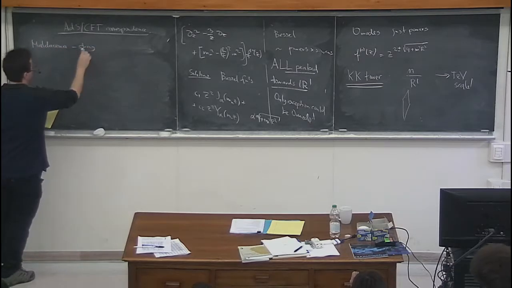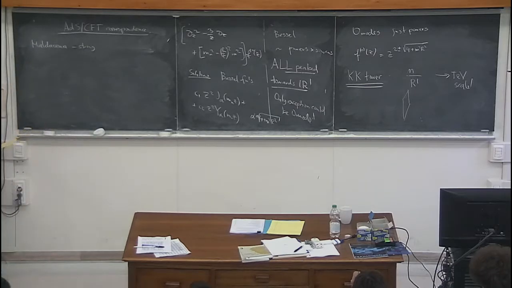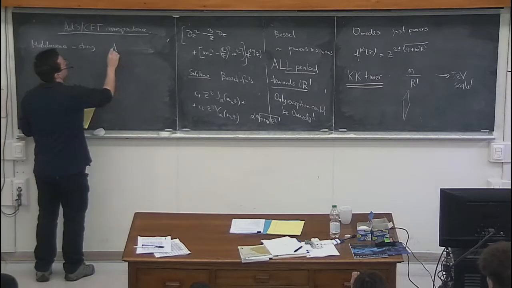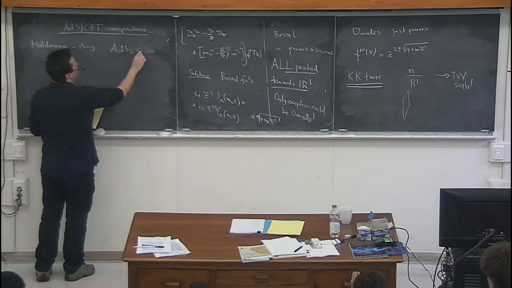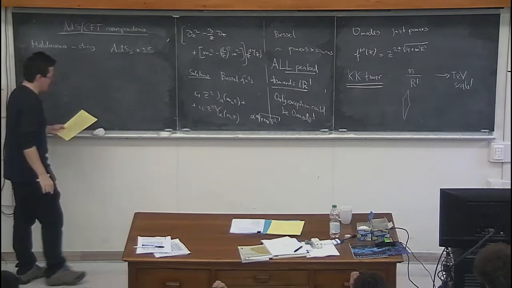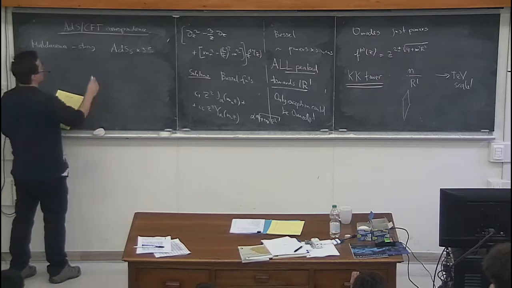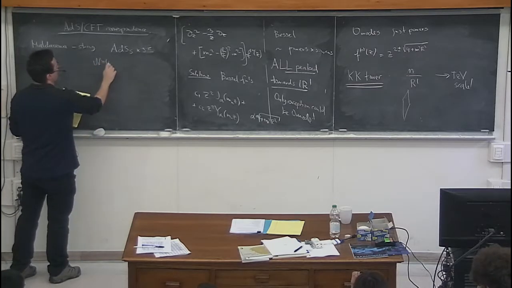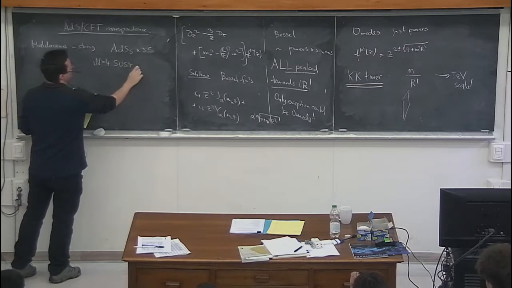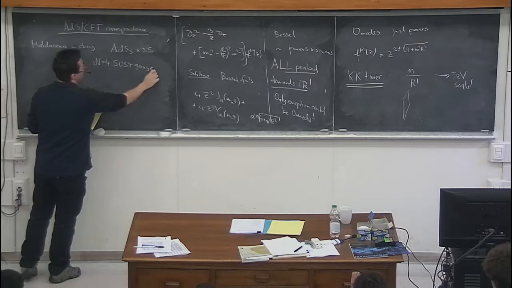What he found was that if you take string theory on a particular background, AdS5 cross S5, that was exactly equivalent to N=4 supersymmetric gauge theories, the kind of theories that Lance likes.